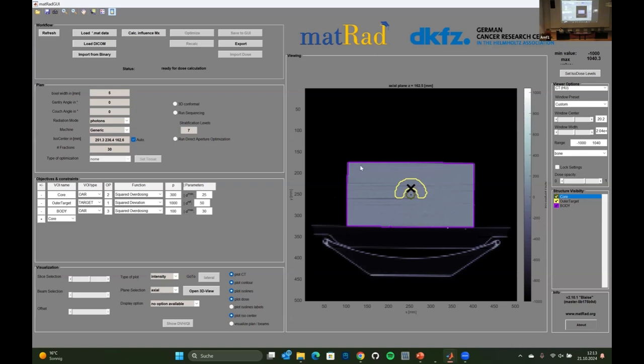Yep, that's okay. So you see also here the Hounsfield units from -1000, the window goes up to 1000. So Hounsfield units, I don't know if everybody knows it, but just a quick reminder, these are units relative to water.